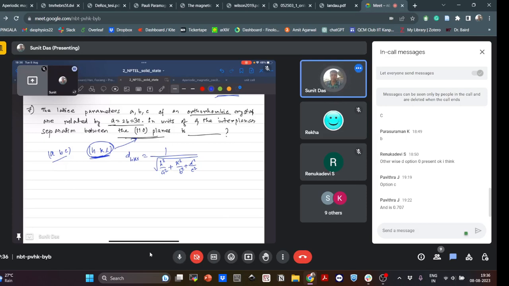You need to find the distance in units of a, this one. Even then, 1.118 is not the answer. Okay, so let me solve.